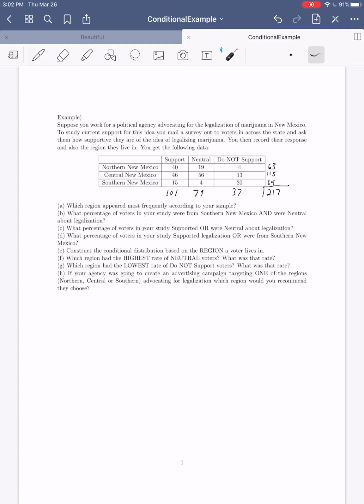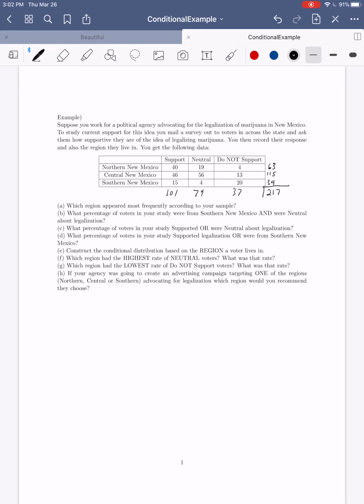And then finally, we'll put all this together from an interpretive standpoint. If your agency was going to create an advertising campaign targeting only one of these regions, so they were only going to run advertisements in northern, central, or southern New Mexico, and they were going to argue for legalization, which region would you recommend that they advertise in? So we'll be doing all of those pieces here.